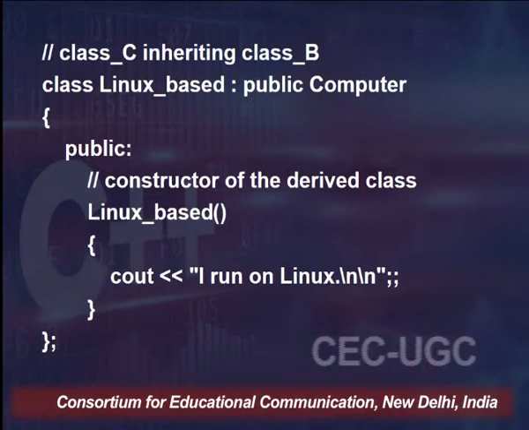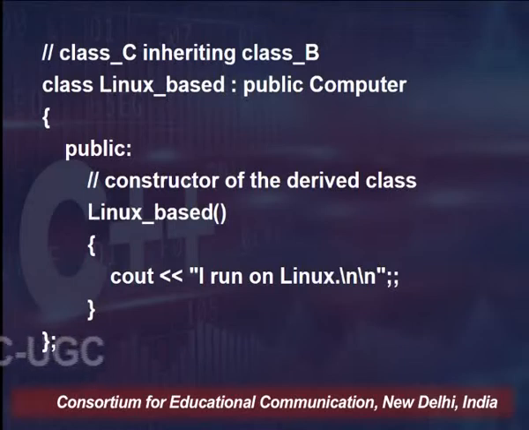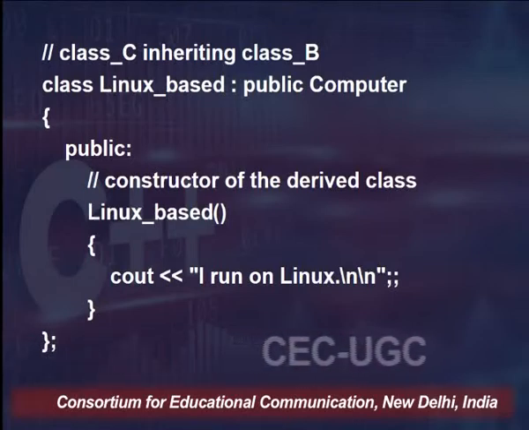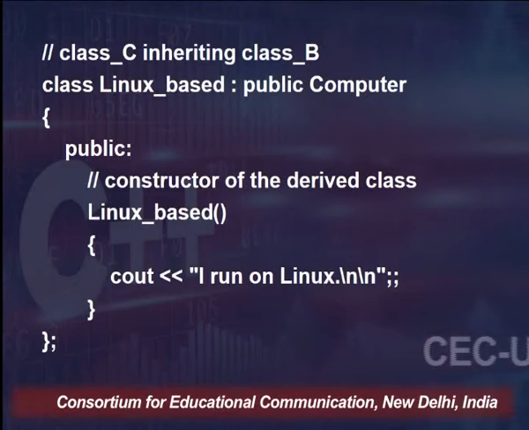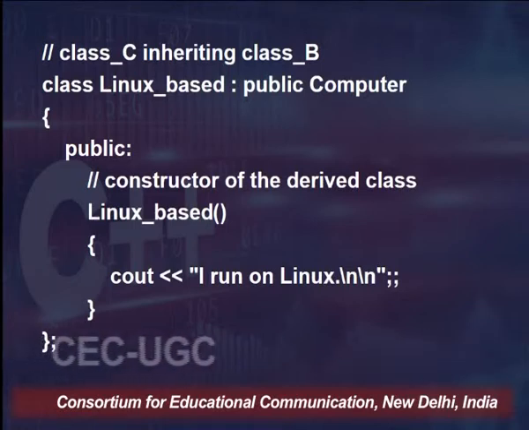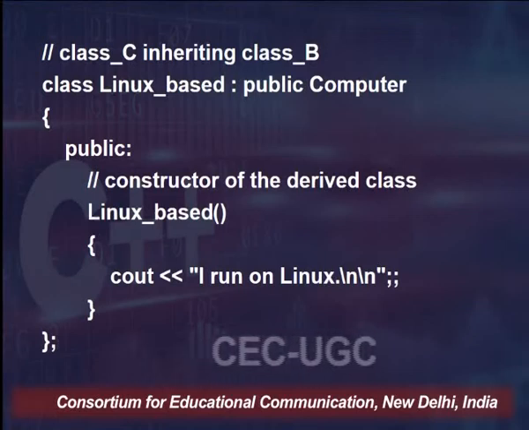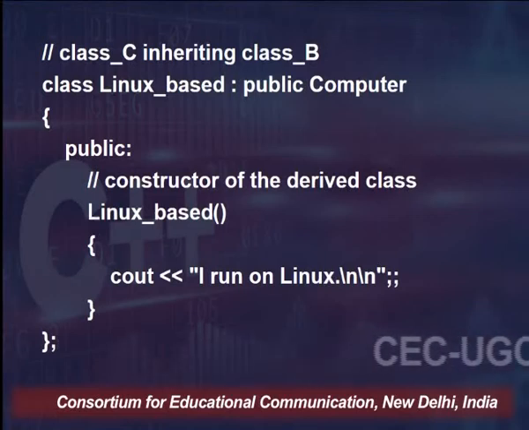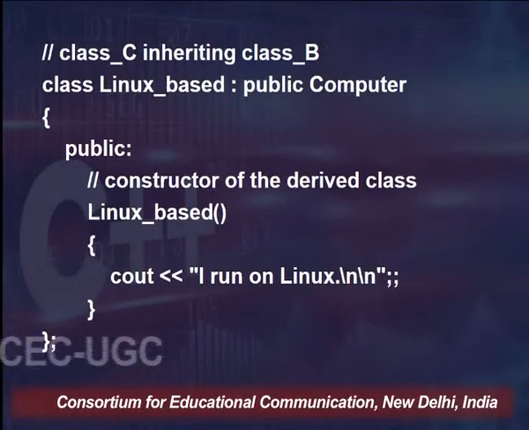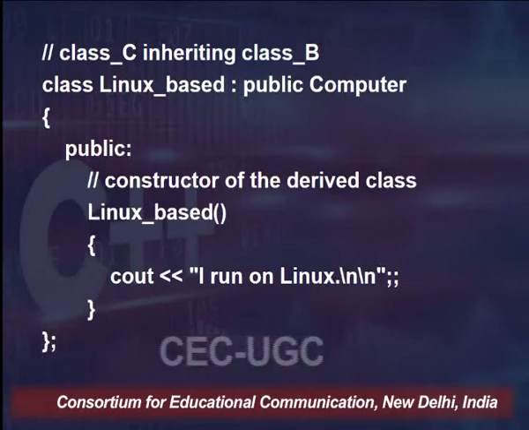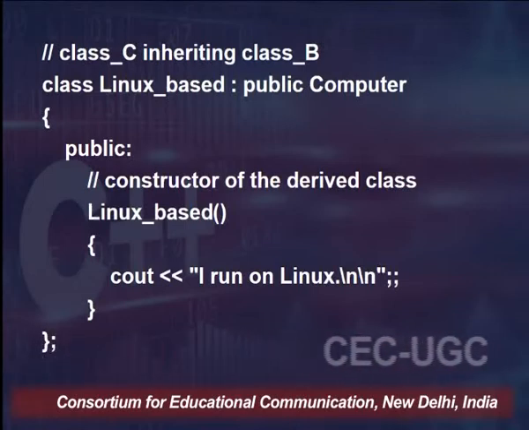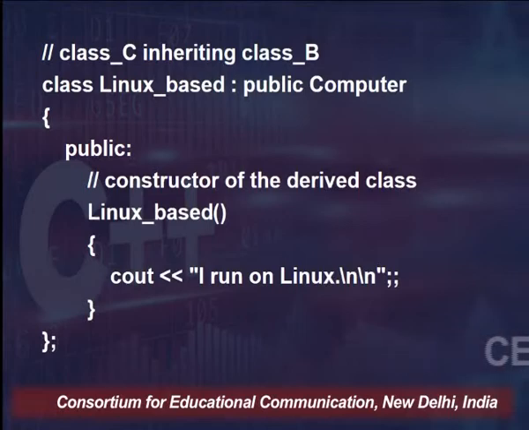One is the constructor of class computer, another is the constructor of the electronic device class, which computer has inherited from its base class, which is electronic device. So finally, your Linux based has three member functions: one constructor of its own, another constructor of its immediately derived class, and another the constructor of the derived class of its derived classes.